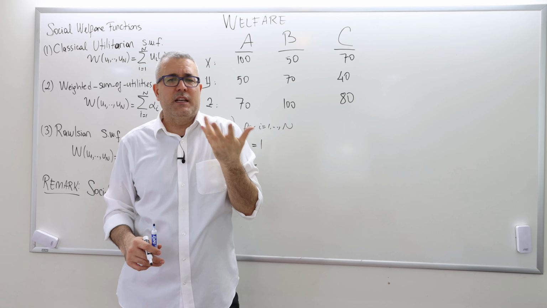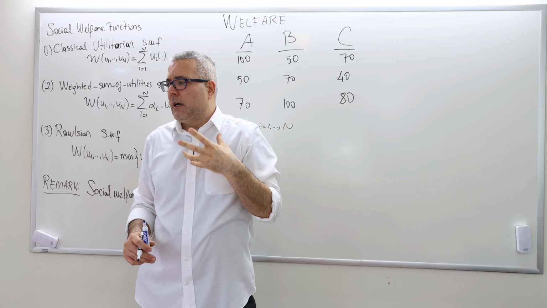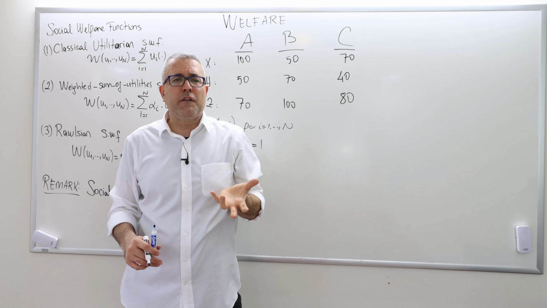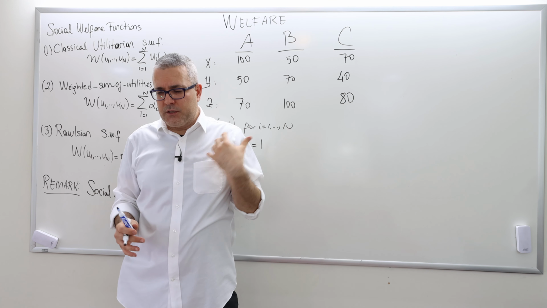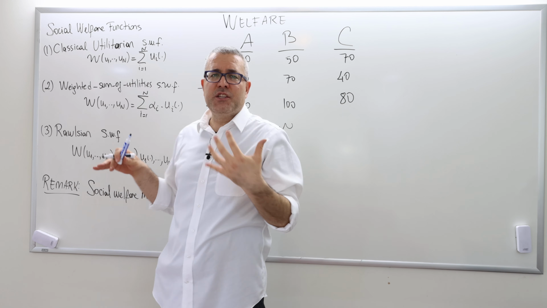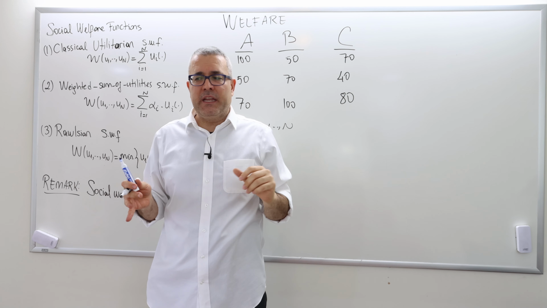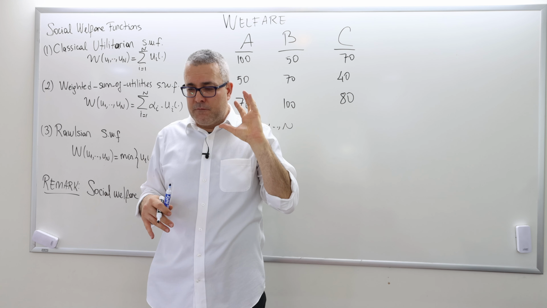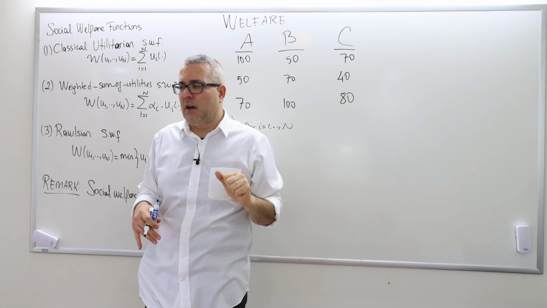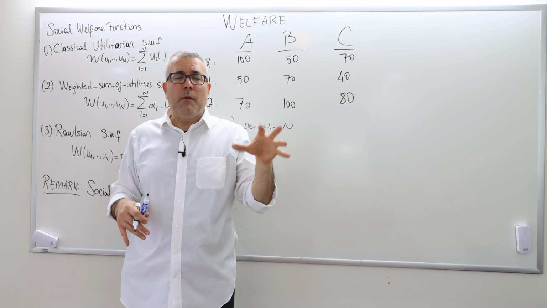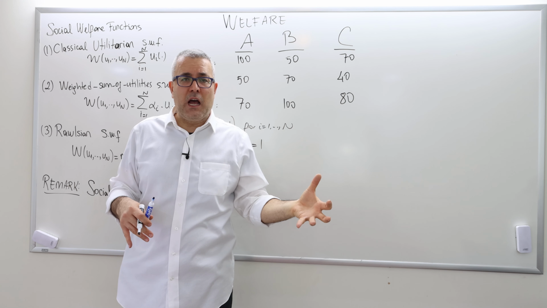Sometimes as a policymaker, you may want to consider the welfare of some of the agents more than the others. For example, if those n agents are members of the board of a company, and those board members are voting on which strategy to follow for the next 5 years, then probably some of those board members will have a higher share of the company than the others.